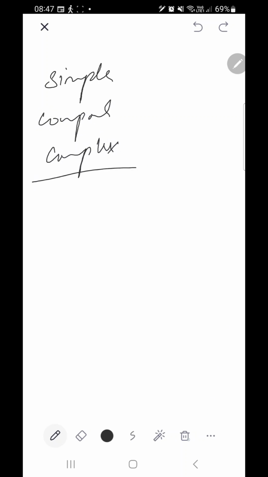Similarly, we need simple, compound, complex sentences, right? Anyhow, these are some of the examples that we discussed.